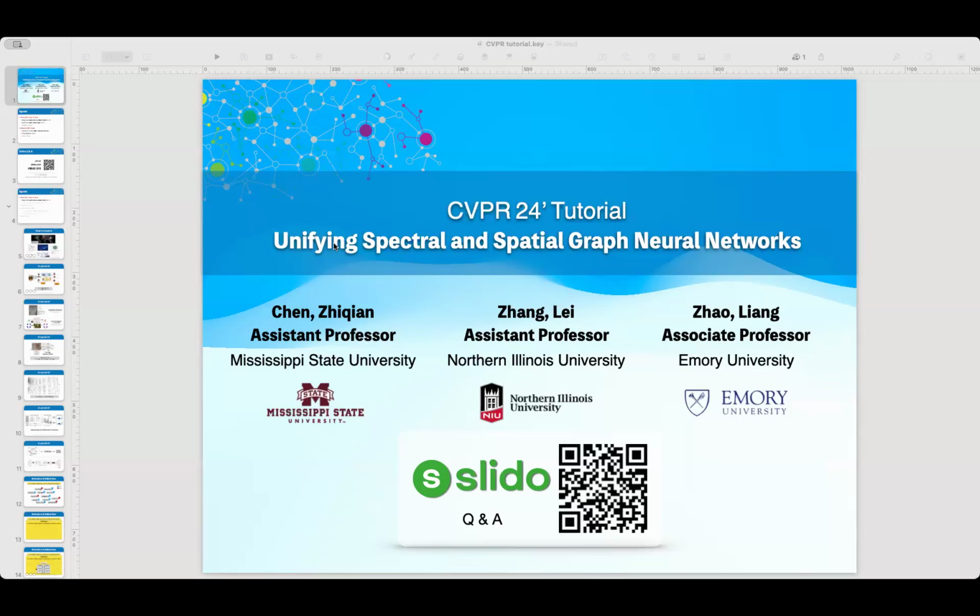We also want to look into the graph neural networks on the market: what does G theta look like in, for example, the popular graph neural networks? And because we interpreted everything in the spectral domain, we also want to see what it looks like in both the spectral and the spatial domain. We use this framework to look into every single, or say selected, graph neural network in this tutorial.